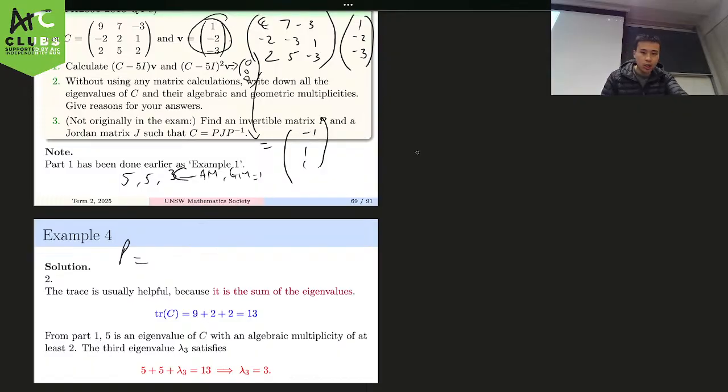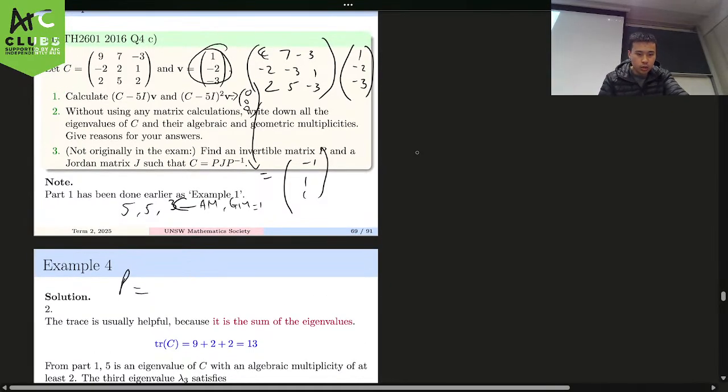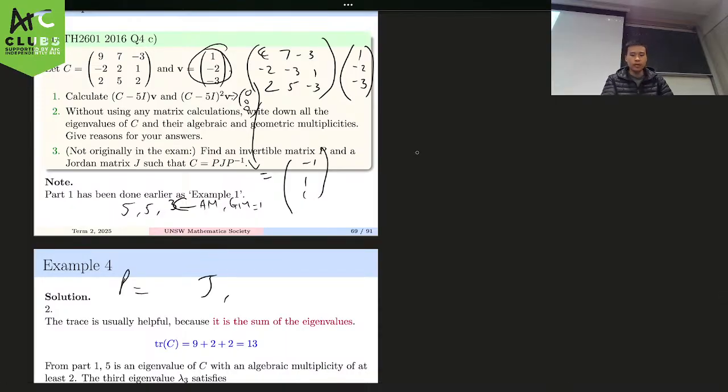So let's say J. Remember the form of this should be J of 2 of 5 direct sum with J of 1 of 3, because that's the algebraic multiplicity. So what that should look like is 5, 1, and 3. That's on its own. So that'll be a Jordan form.